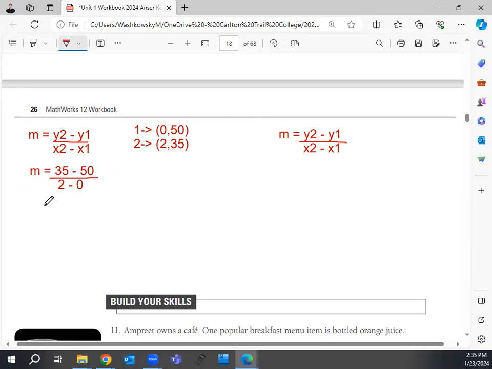And if I do that, I'm going to eventually end up with negative 15 over 2. Which, if I put that into a decimal as well, is negative 7.5 over 1. I've simplified it as far as I can go at this point.